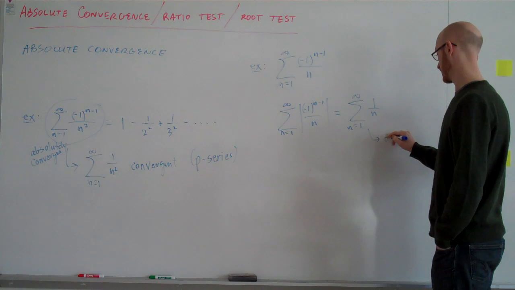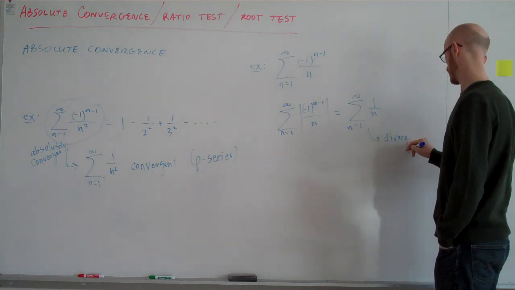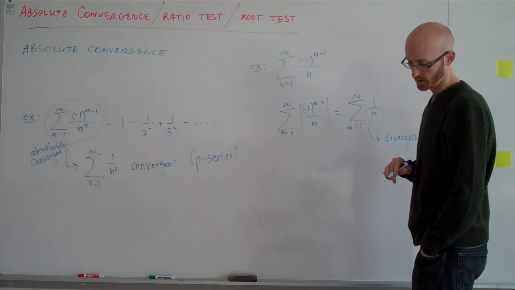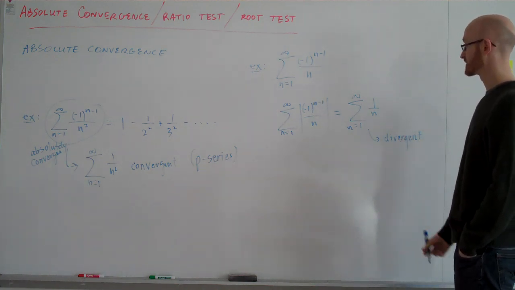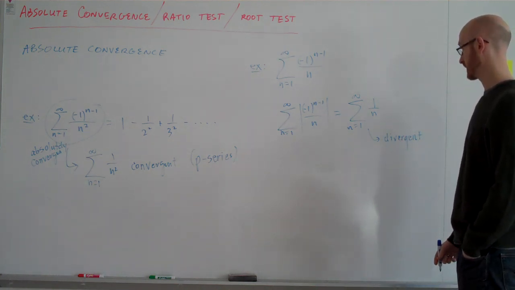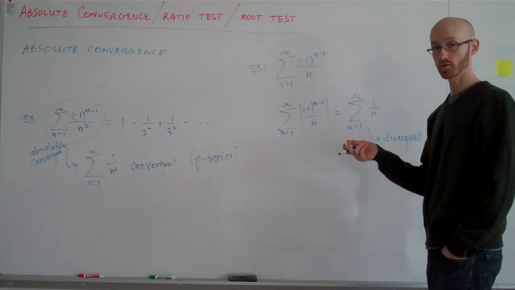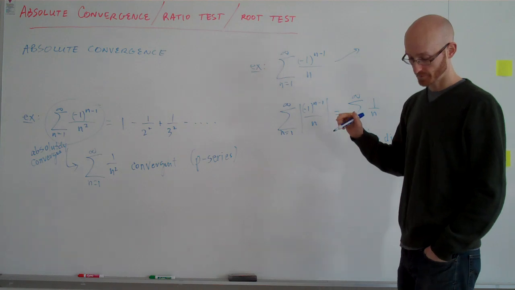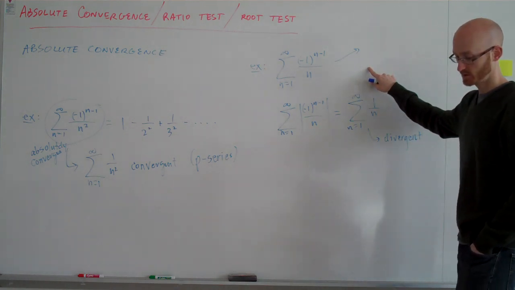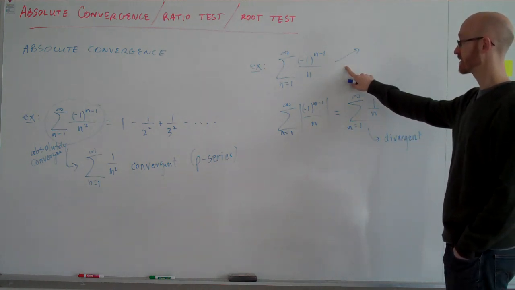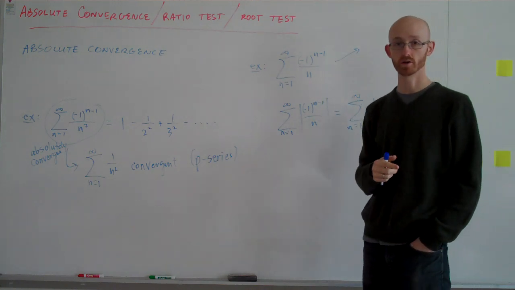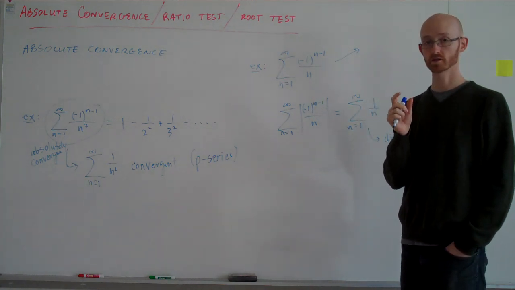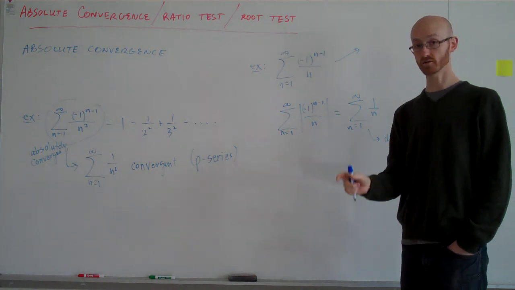And this thing is divergent. It's divergent because the harmonic series is divergent. And we already had discovered, from our lesson on alternating series, that the alternating harmonic series was actually determined to be convergent.